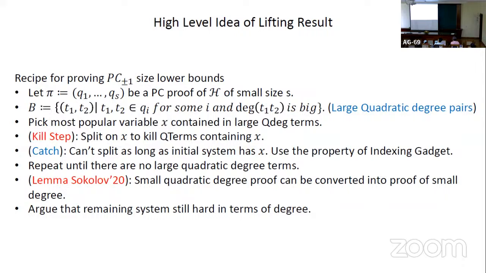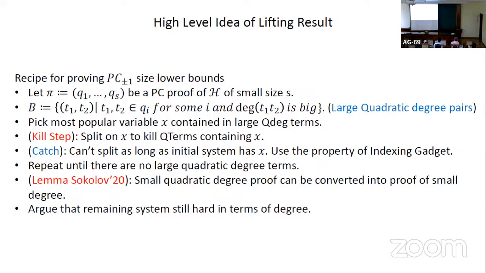The idea will be the same. We choose some variable x which is most popular in all these pairs, and then we do some operations such that we get rid of all the pairs which have x in them. But there is a catch there. To apply that operation, we have to ensure some preconditions, and that's where we exploit the fact that we are working in the lift, and we can do some restrictions to ensure those preconditions.